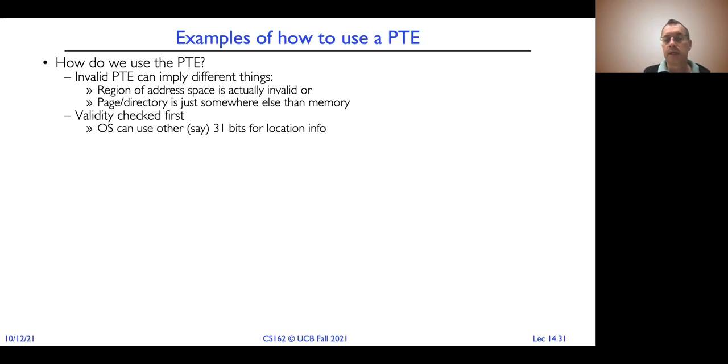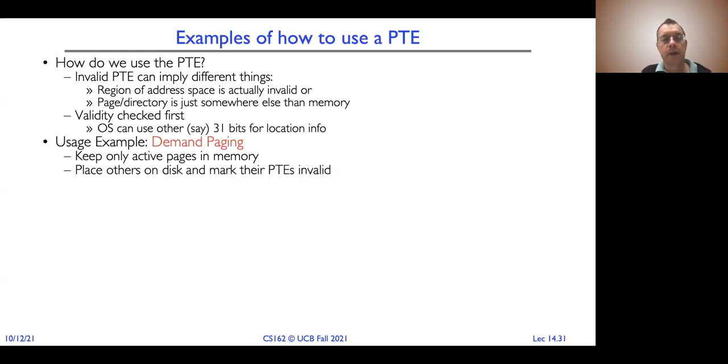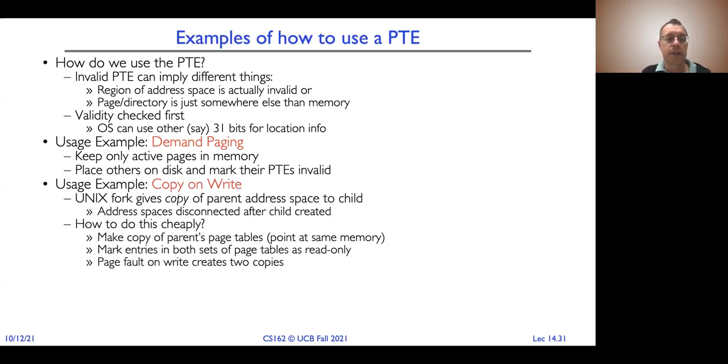But another way is to basically say that the page is not in memory, it's on the disk. In that case, it results in a trap, an exception to the operating system, and the operating system is going to figure out where the page is stored and bring it to memory. This is going to be used by demand paging. We are going to learn about that.